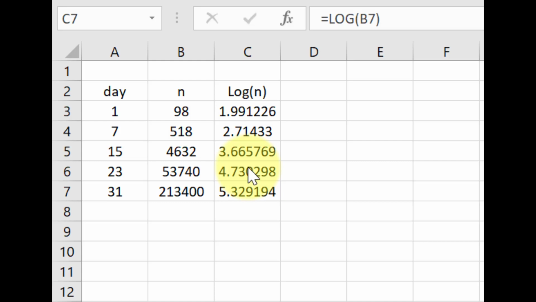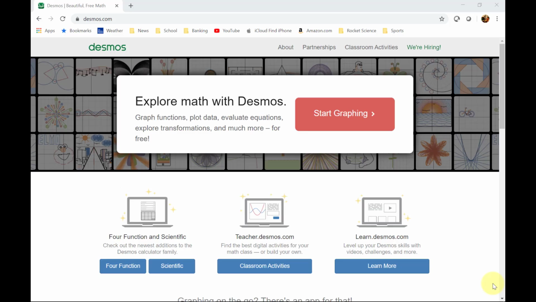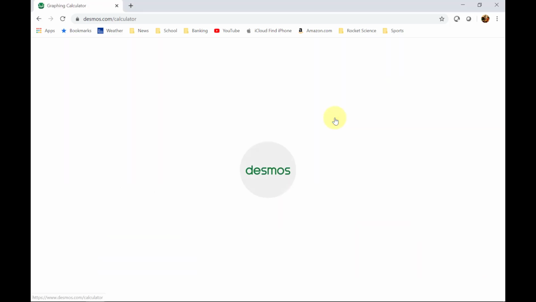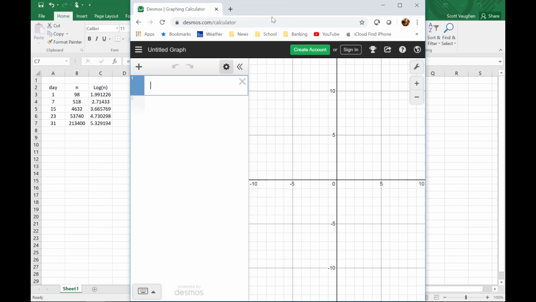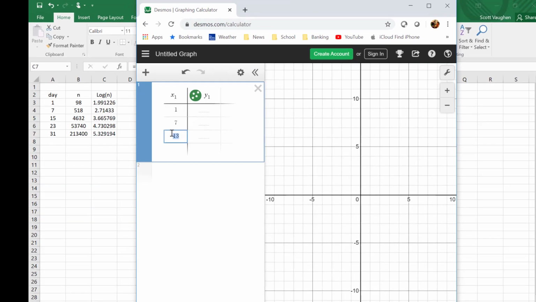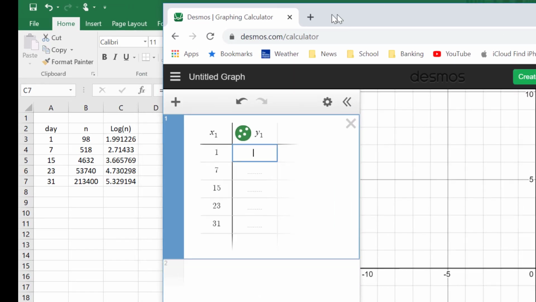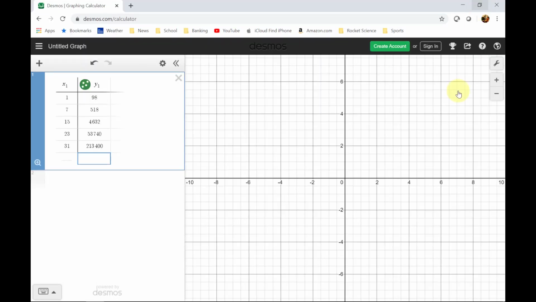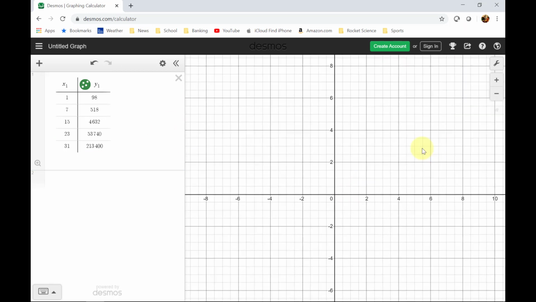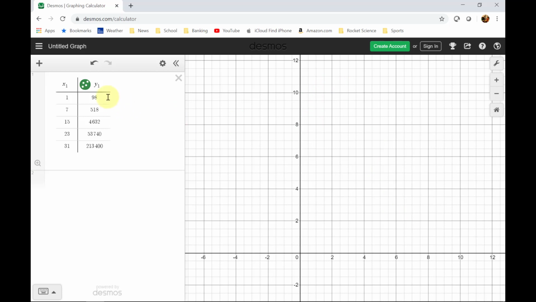Let's type them into Desmos first. So this is Desmos.com, and we can start a new graph here. Let's type in those values that we just saw. Okay, so now that I have that data in, the first thing that's happening here is that we can't see any of these data points.